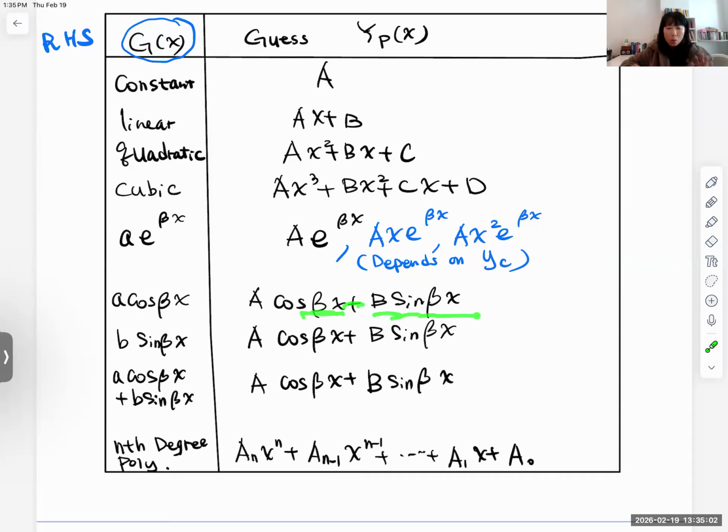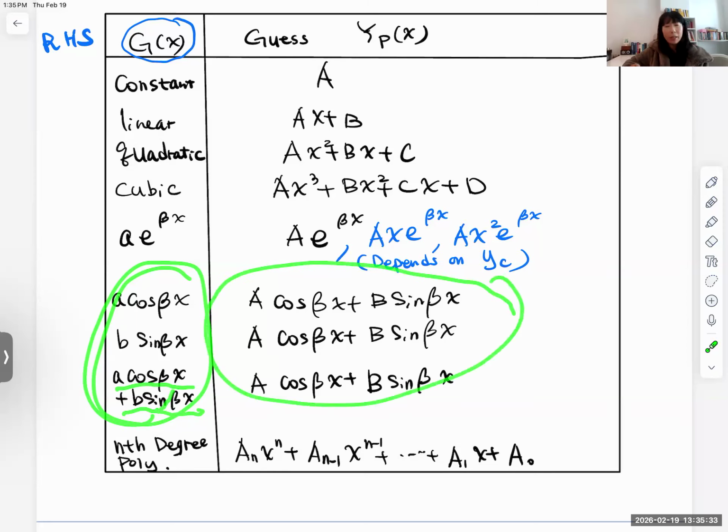So for this right-hand side form, we can guess the particular solution like this: A cosine beta x, B cosine beta x, or A cosine beta x, B sine beta x. Those right-hand side forms we can guess as the particular solution like that.